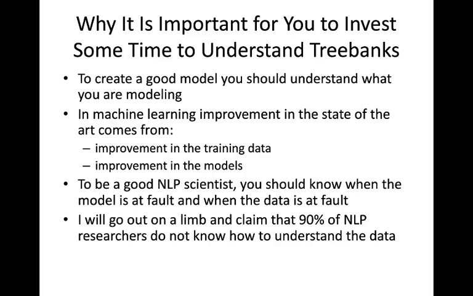To create a good model, you need to know what you're modeling. And if you have a model and it's not performing as well as you expected, what could be the cause? What are the possible causes of your model not working the way that you hoped?